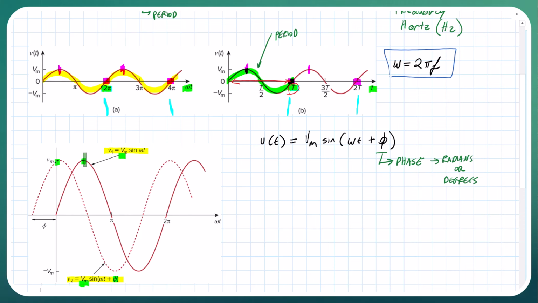So with regards to terminology, V2 starts first in time, so we say V2 leads V1, and it leads it by phi, this angle. Or you can say the other way, V1 lags V2 by phi.